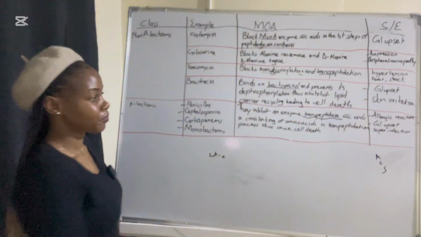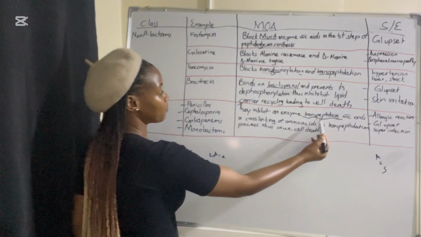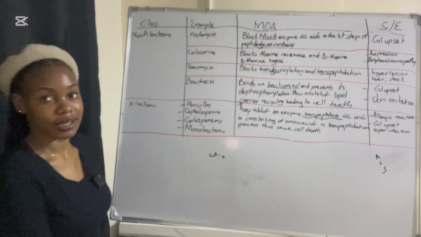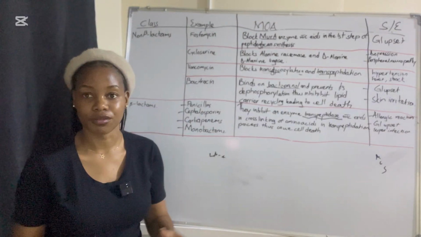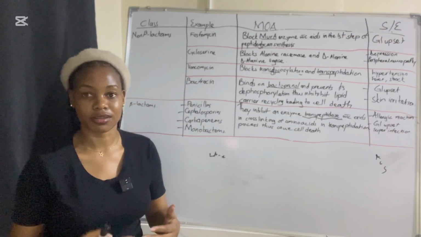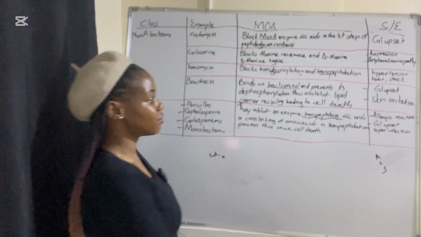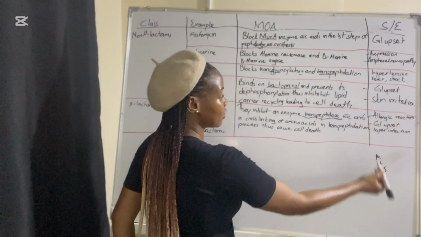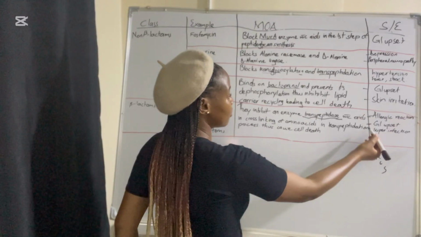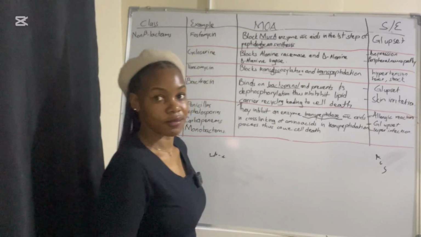Remember, this is the last enzyme in the synthesis of the peptidoglycan layer, capable of creating those cross-linkages between the amino acids. The main side effects, we have allergic reactions, GIT upset, and super infections.